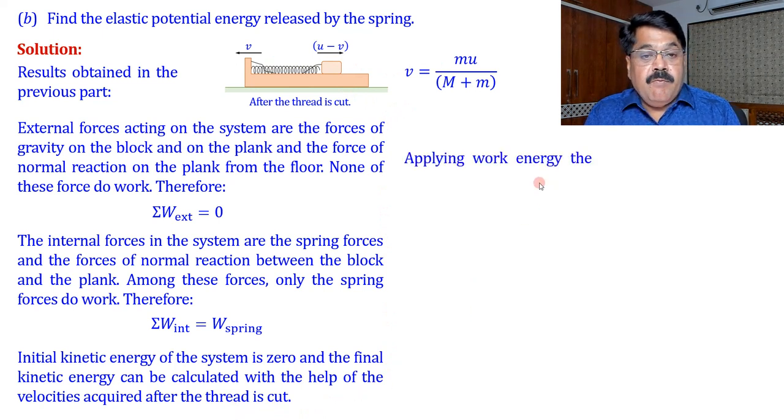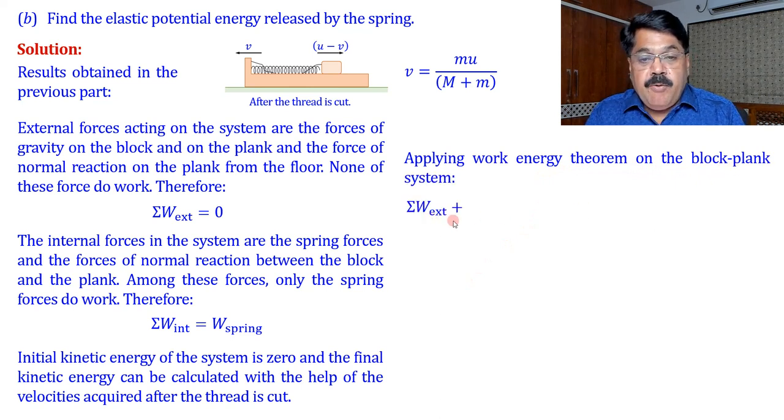Applying the work energy theorem on the block-plank system: summation W external plus summation W internal is equal to summation K final minus summation K initial. We know that the external term is 0 and the internal term is equal to work done by spring. So we substitute the values.